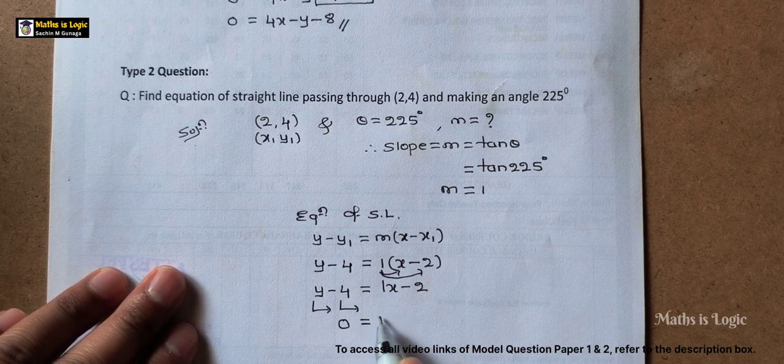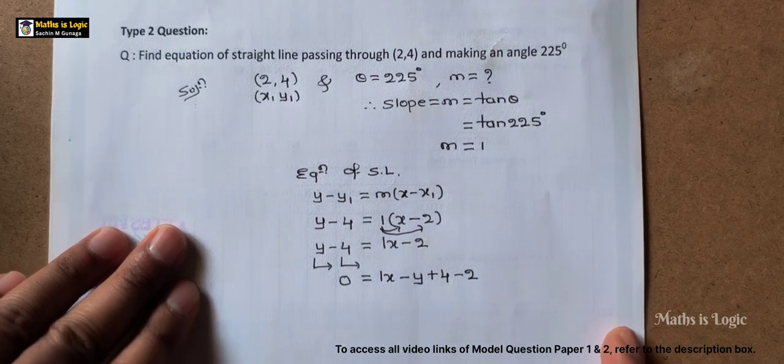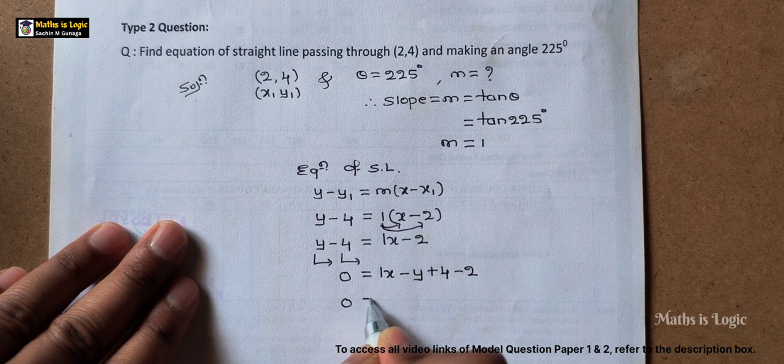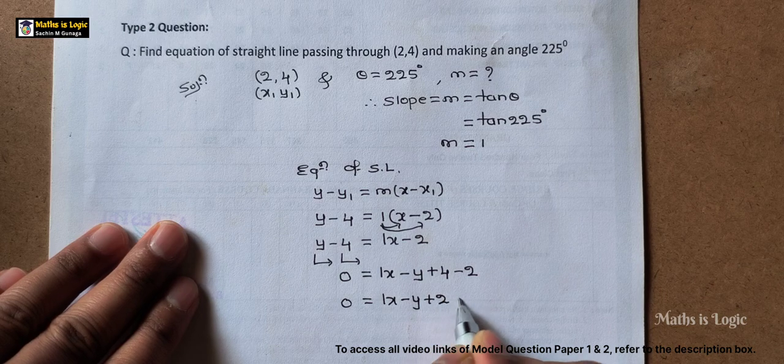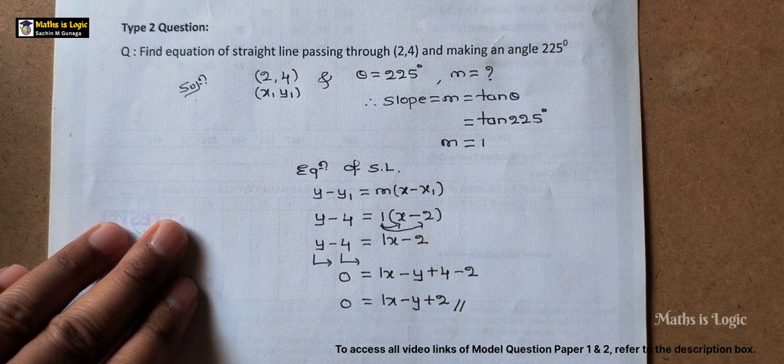So 0 is equal to 1x, keep it as it is, plus y becomes minus y, minus 4 becomes plus 4, and the minus 2 on the right hand side stays as it is. Therefore 0 is equal to 1x minus y, 4 minus 2 is plus 2. So this is the required equation of the straight line.